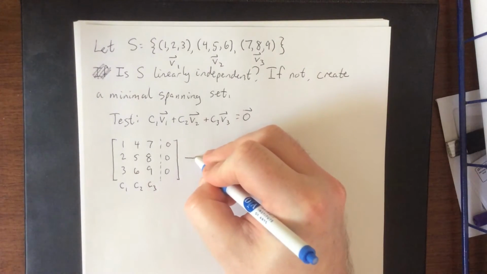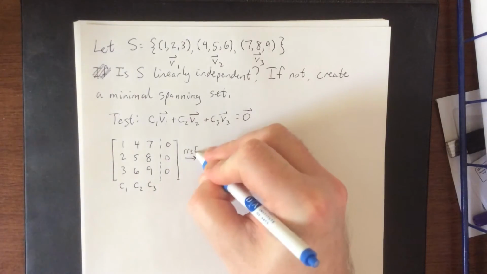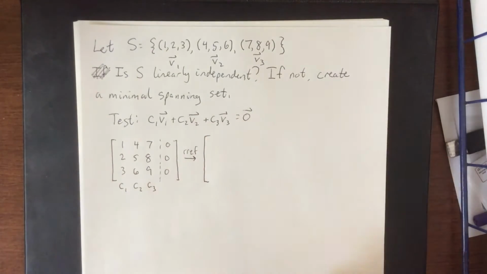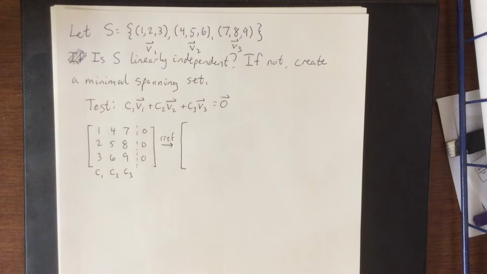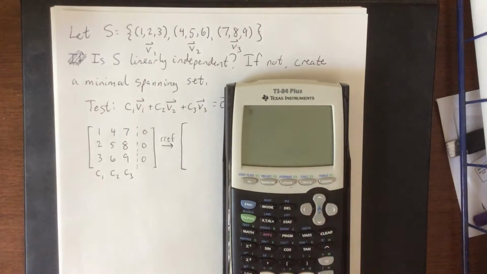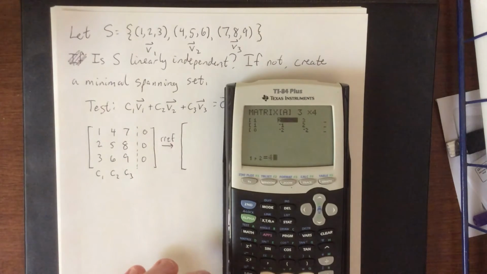We are then going to take this down to reduced row echelon form, a feat we could probably do by hand, but to save a little time we're going to use the graphing calculator. First, enter the matrix menu, arrow over to edit, and edit the first matrix. We'll do a 3 by 4 and insert the rows: 1, 4, 7, 0; 2, 5, 8, 0; and 3, 6, 9, 0.